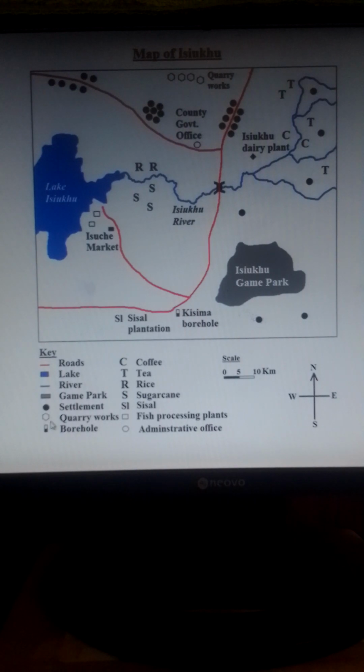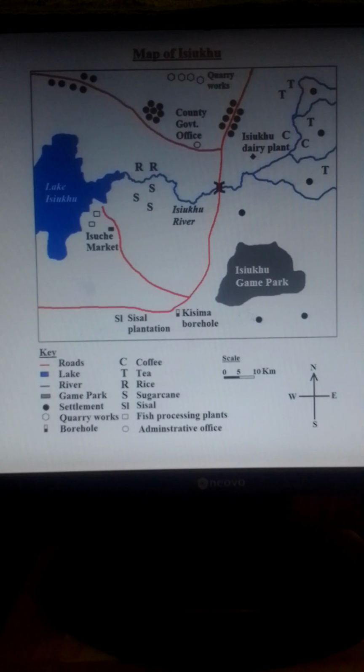Alright, this is the symbol for quarries, quarry works, and on this map we have quarry works around this area. So we have mining activity on the map, and it is done in this area of the map. So mining can be indicated by quarries or mineral processing plants.